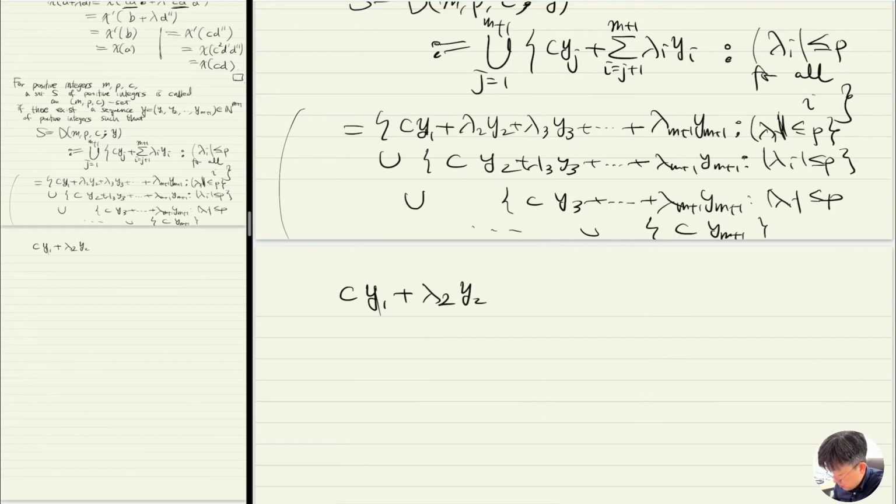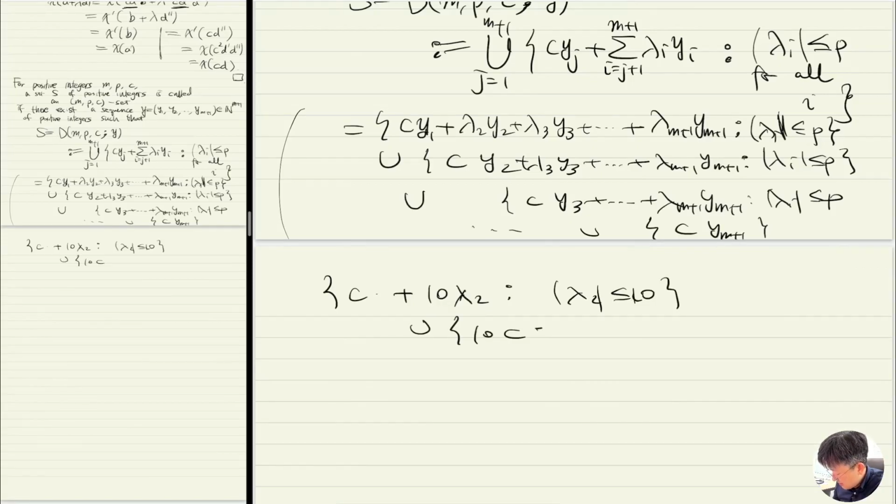Okay, let me replace y1, y2 by something. 1, 10, lambda 2. The set of all numbers like this, where lambda 2 is at most 10, union c times 10, where there's nothing else.